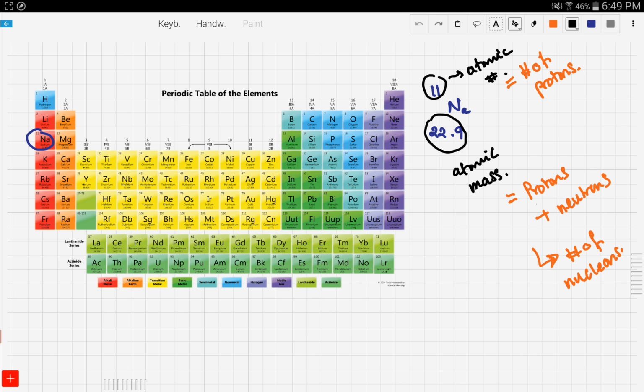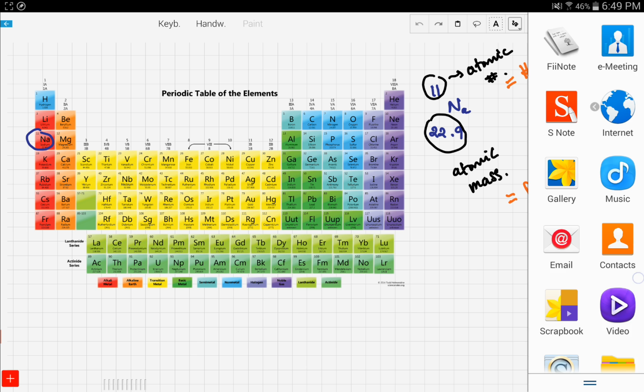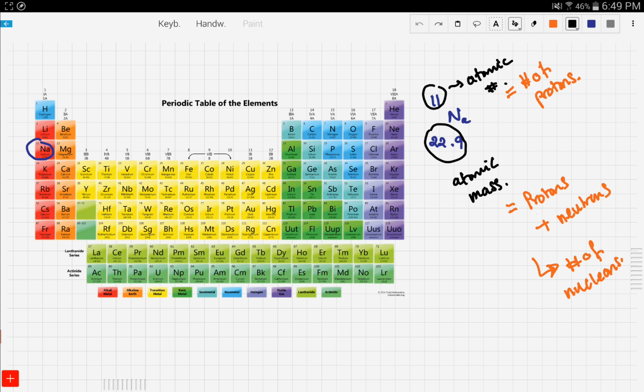So, let's go over this one more time. We picked a random element from the periodic table, and that was sodium. We said that sodium is number 11 in the periodic table and has a mass of 22.9. Number 11 is the atomic number, and the atomic number is the number of protons in sodium, or in other words, the number of positively charged particles.